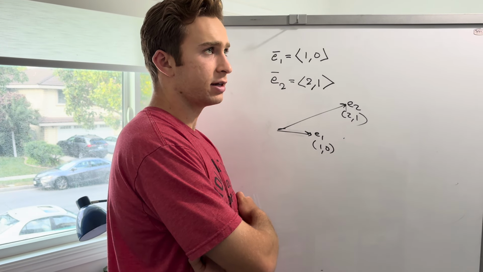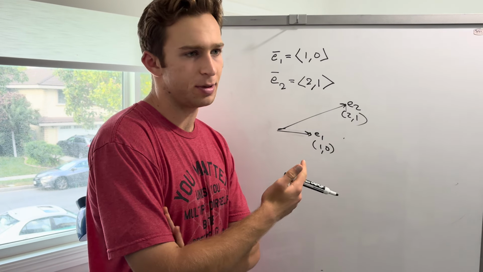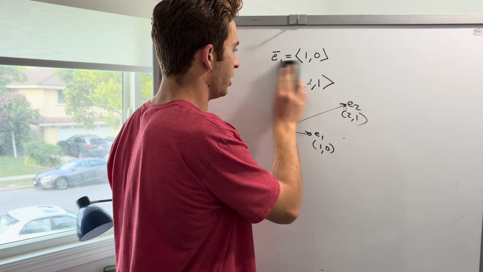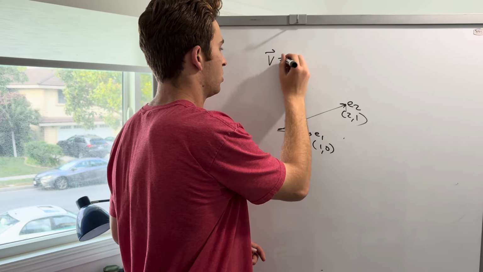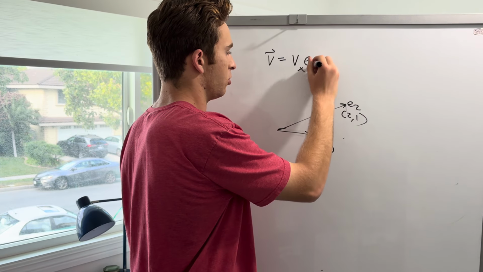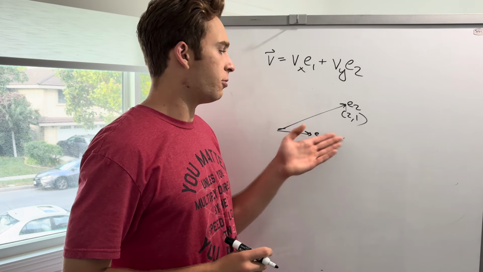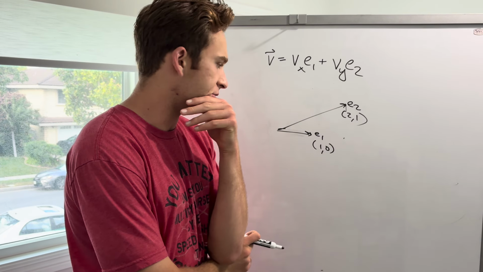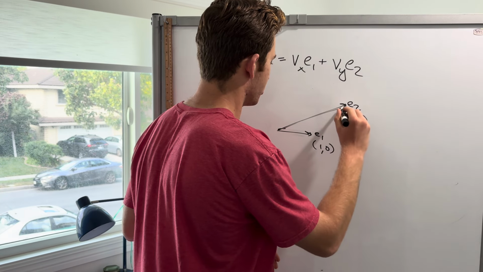Now, if we want to find the length of a vector expressed with these bases. Earlier I talked about how you can define your vector V with a component Vx times E1 plus Vy times E2. Now we have a different basis. So let's say I have, and I'll do an easy vector here, let's do just the vector 2, 1.